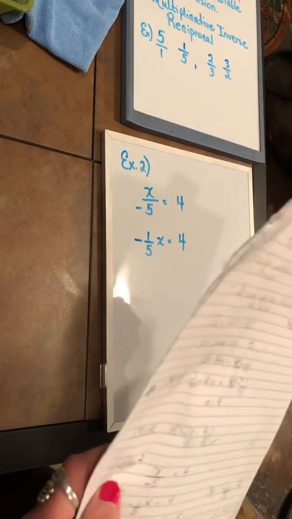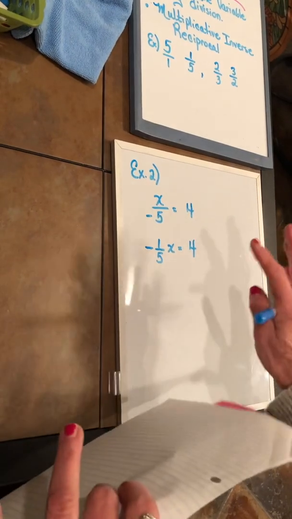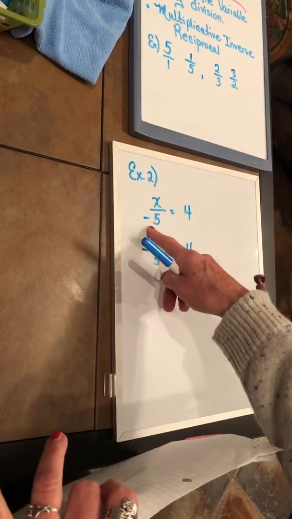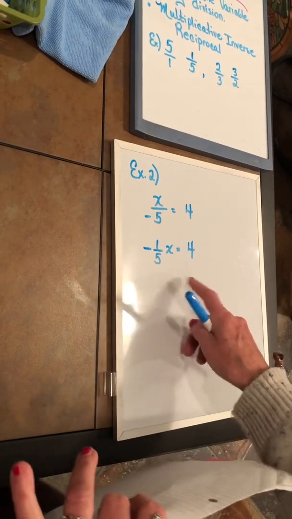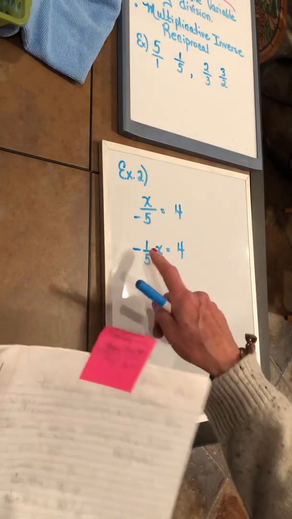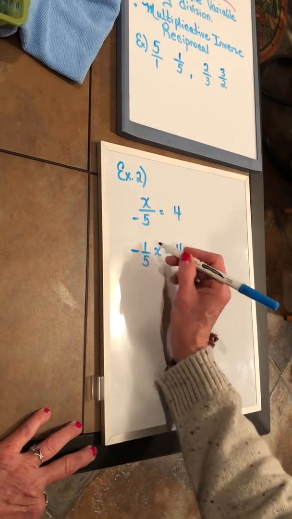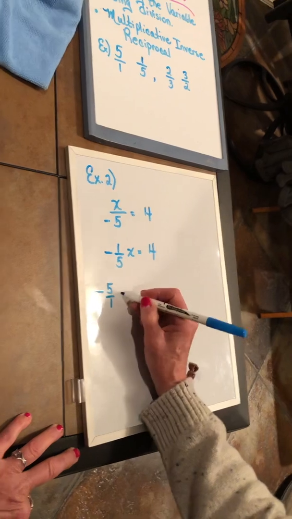But you know, in algebra, they like to show some things a little shortcut way, right? So they might get rid of that 1 and they might put the negative here. Negative could be out here. All right, now we have a fraction, so we can use the reciprocal of that, right? I'm going to take that sign with me when I do the reciprocal. So I'm going to flip it. So I'll have a negative 5 over 1, right?